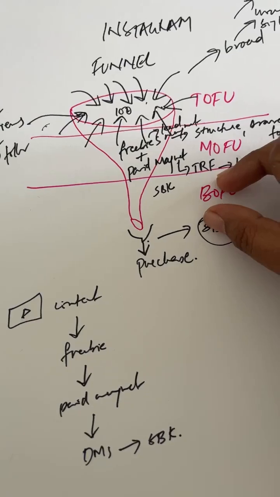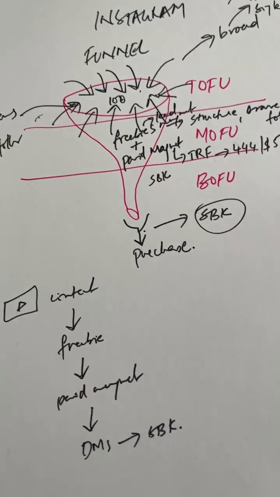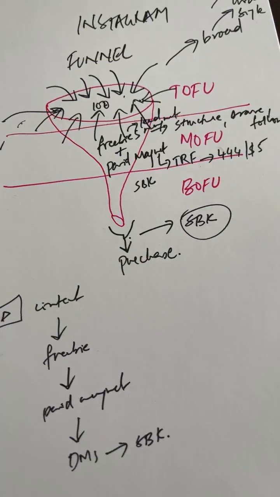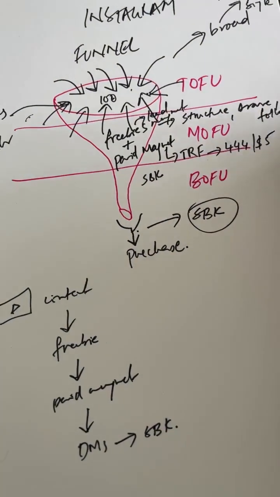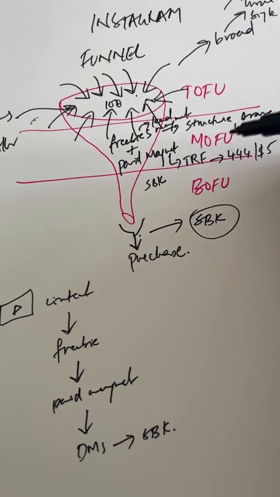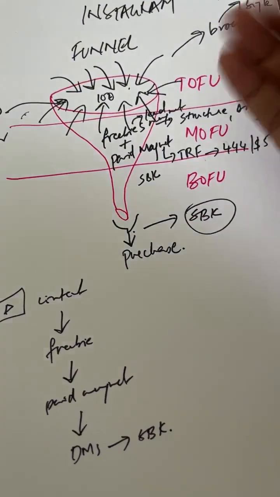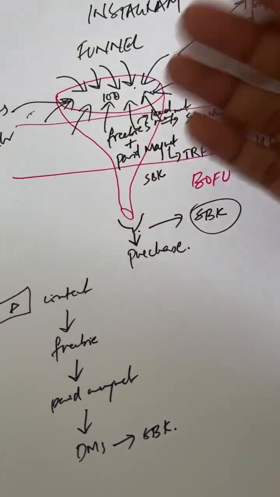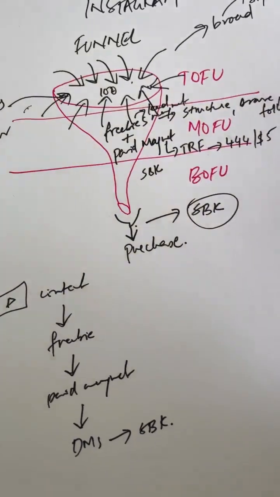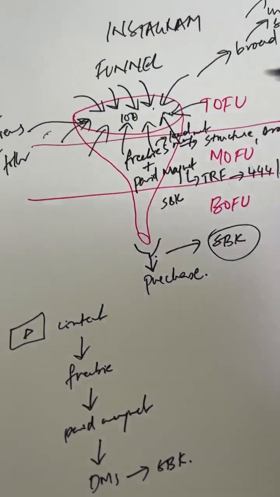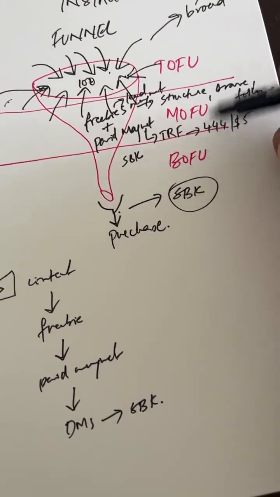And when your content is super salesy, the engagement drops because Instagram knows when you're selling something. People on Instagram are also not here to buy from you, so they're not going to engage with your content, and as engagement drops, your reach also drops.